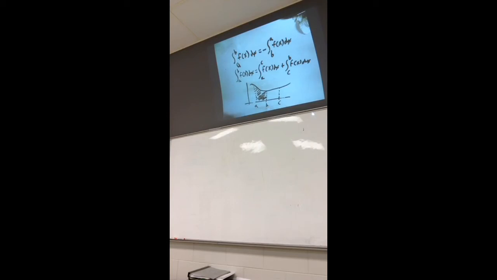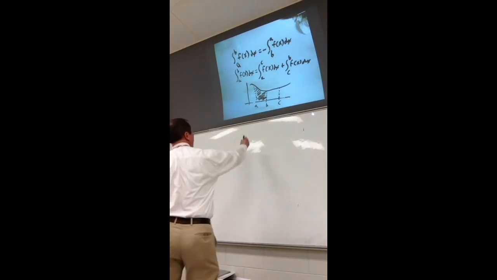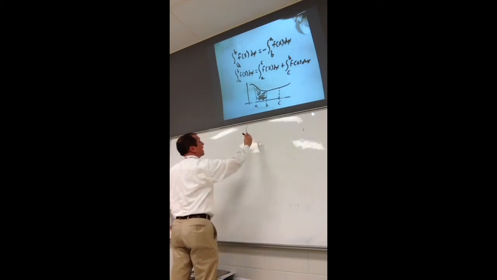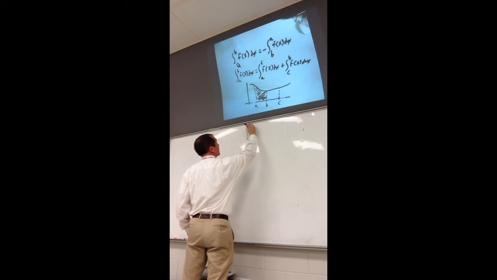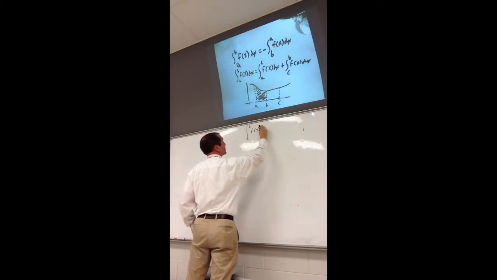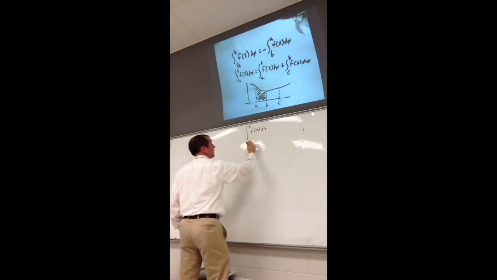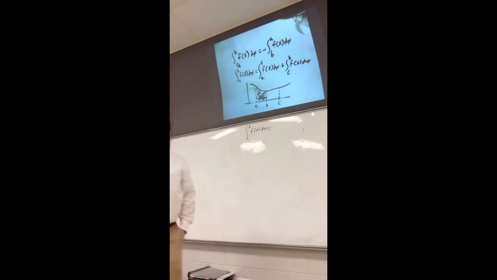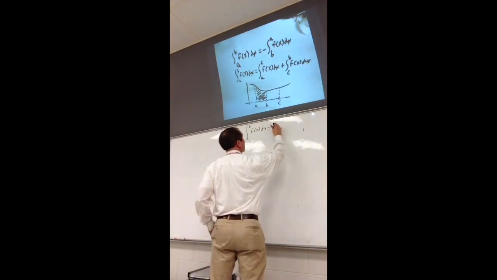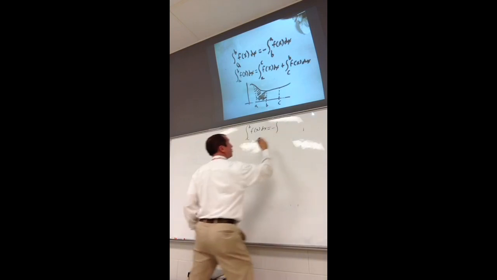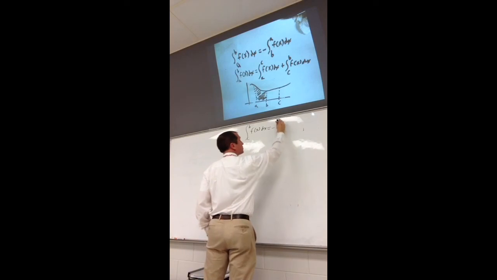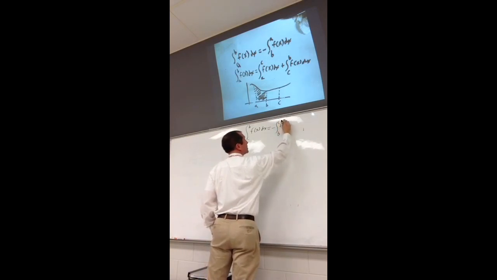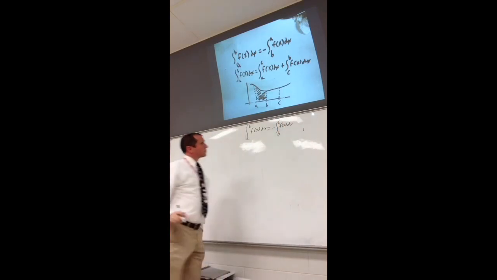So what I can do here is rewrite this integral that used to be from C to B of f of x dx, based on this principle right here. I can rewrite that as the negative of the integral from b to c of f of x dx.